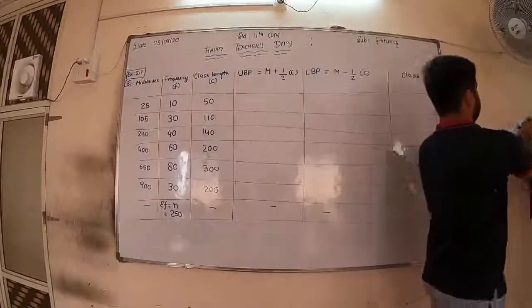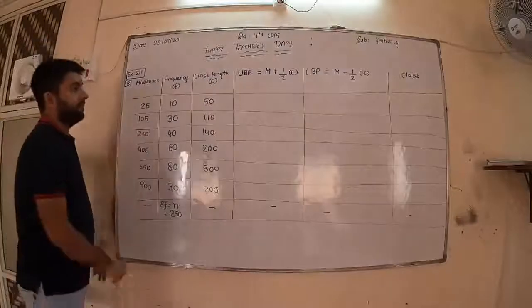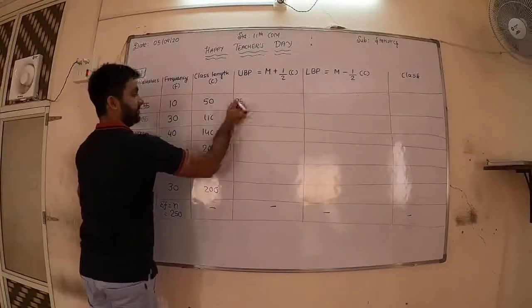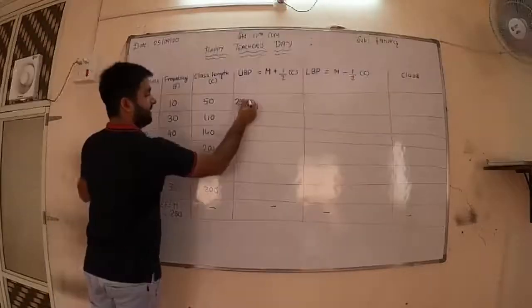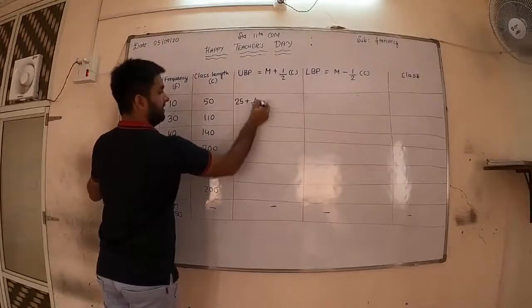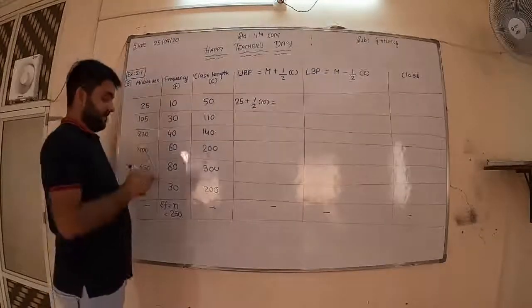Okay, now we are starting. Mid value is 25 plus 1 by 2 multiplied by 10.